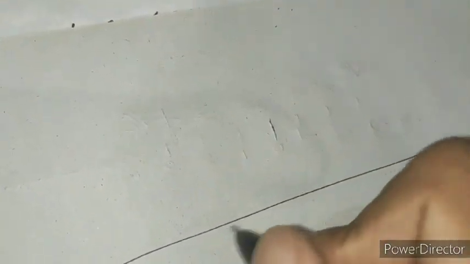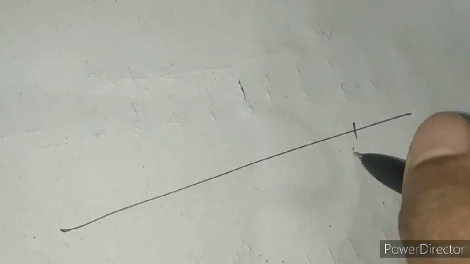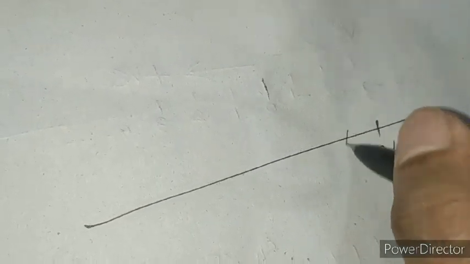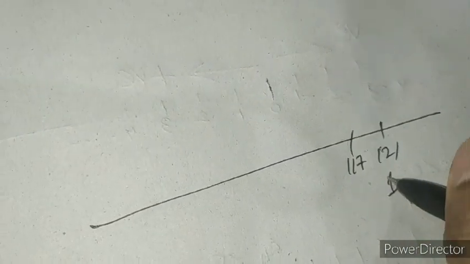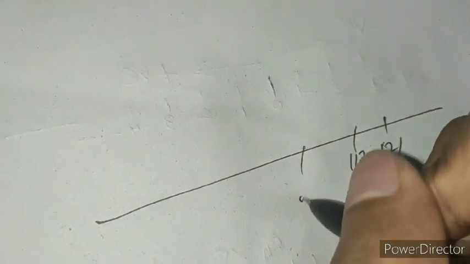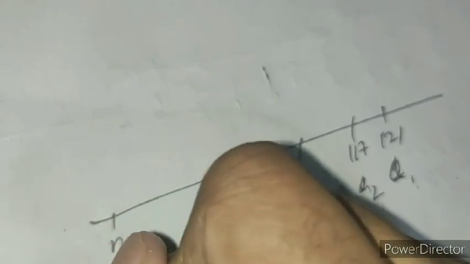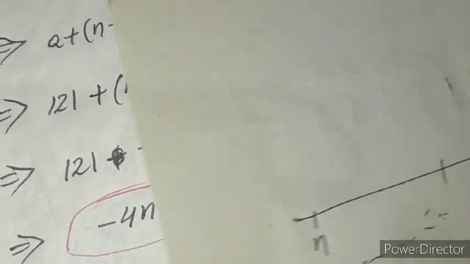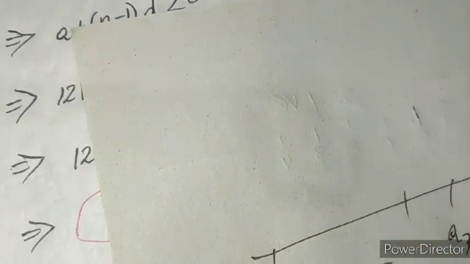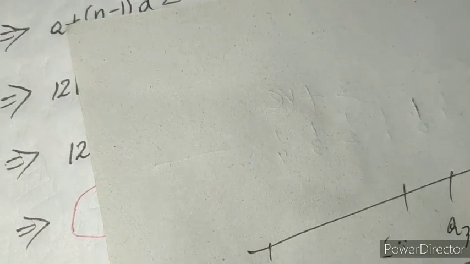Okay, now students, let me show you in the real line. Somewhere first this one is the 121, 117, first term, a1, a2, a3, right? And somewhere in here in the nth term, it says that n is greater than 31.25.